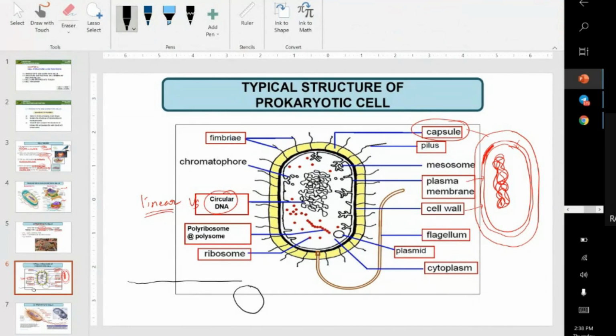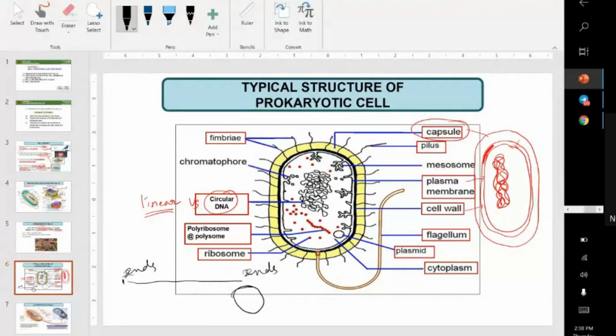The linear DNA has two ends, while circular DNA has no ends. The linear DNA has a beginning and two ends. But in circular DNA, the ends are fused together, so there is no end. That is the difference.